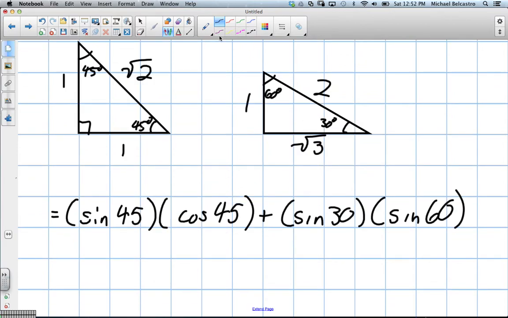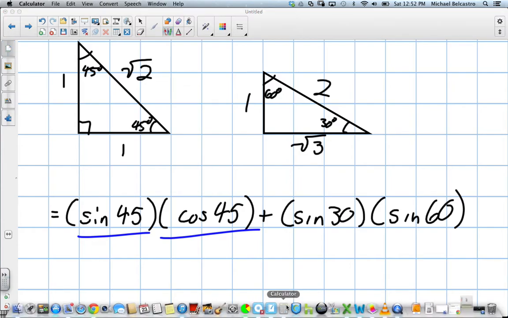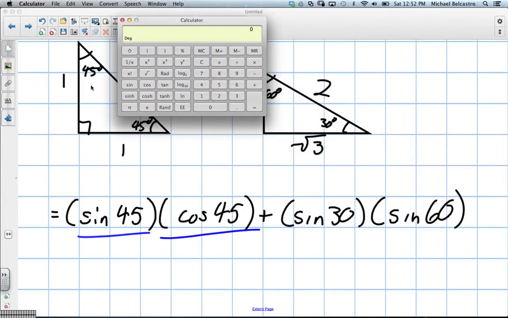Well, one thing you could do is just go into your calculator and evaluate all of these, and maybe we'll do that really quickly and then show how the exact value is technically more accurate. If we had sine 45 multiplied by cos 45, equals 0.5.